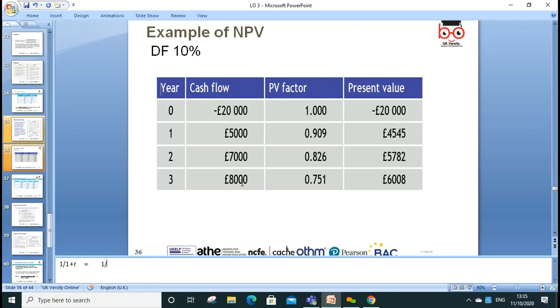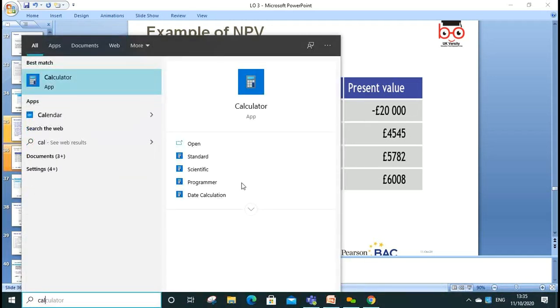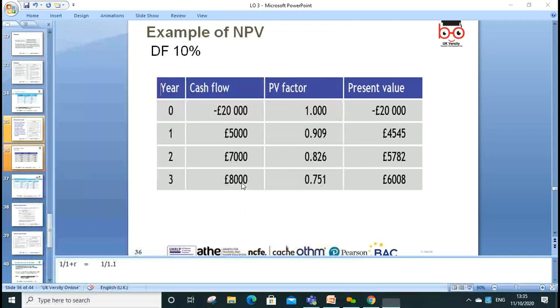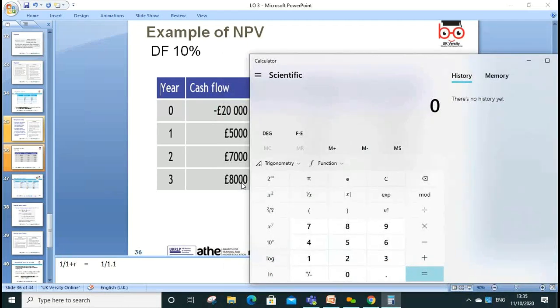If you use 10% in the formula, we write 0.1, so it becomes 1.1. Then 1 divided by 1.1 will be your discount factor. You can do it at 20%, 30%, whatever rate you want to use. So we'll go through it.